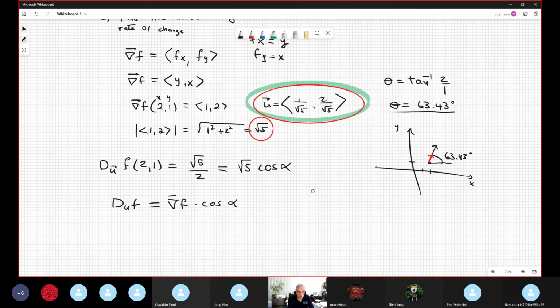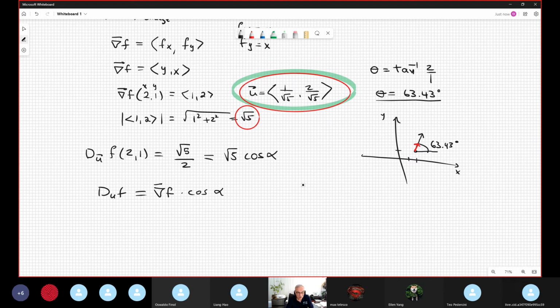So it is obvious that cosine alpha is 1/2, right? Look, cancel out this and this. This is 60 degrees, plus or minus. That means our rate of change, when you travel in this direction, is radical phi over 2.